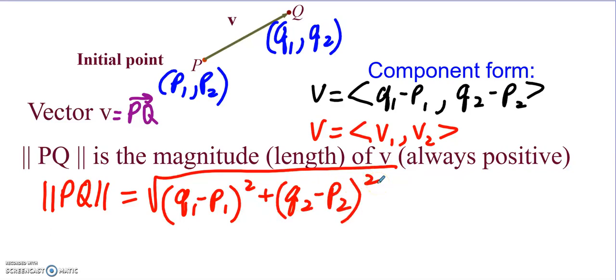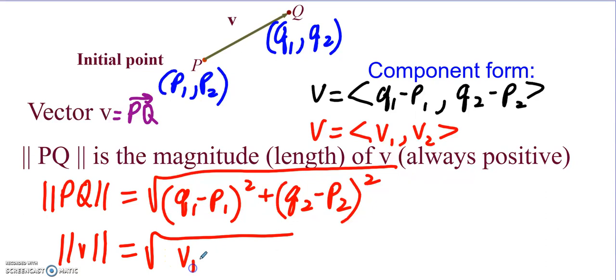That's our distance formula, aka Pythagorean theorem. Great theorem. We could also write this: the magnitude of v would be the square root of v1 squared plus v2 squared, where the v1 and the v2 are the components of vector v, which we get by subtracting the points.